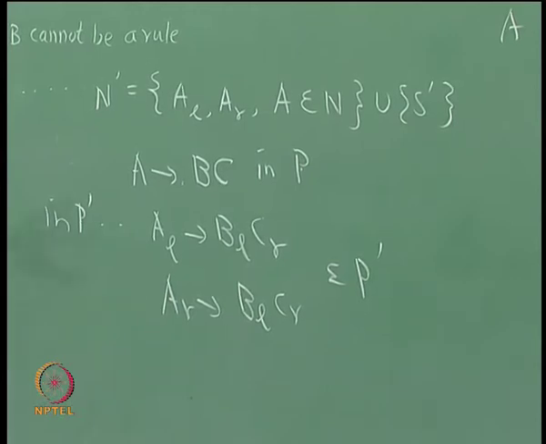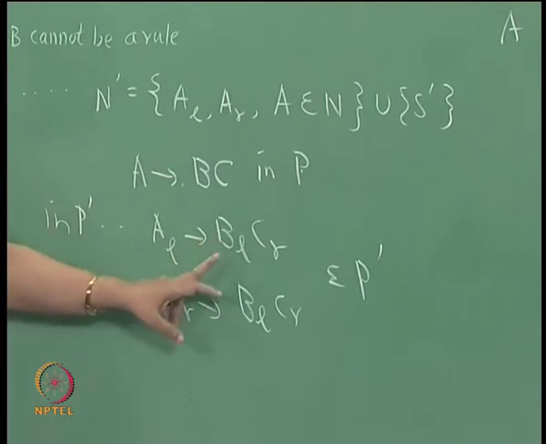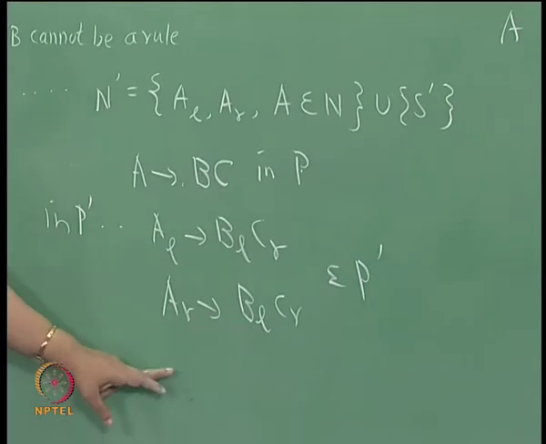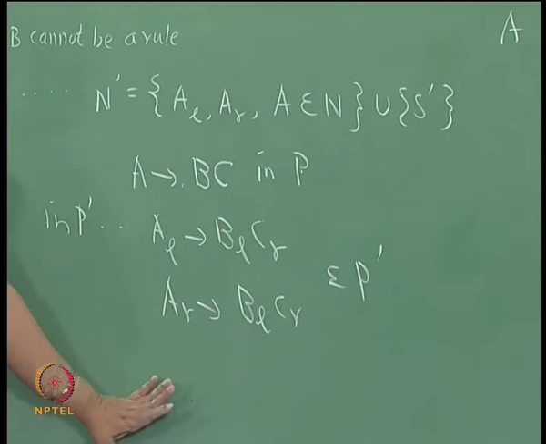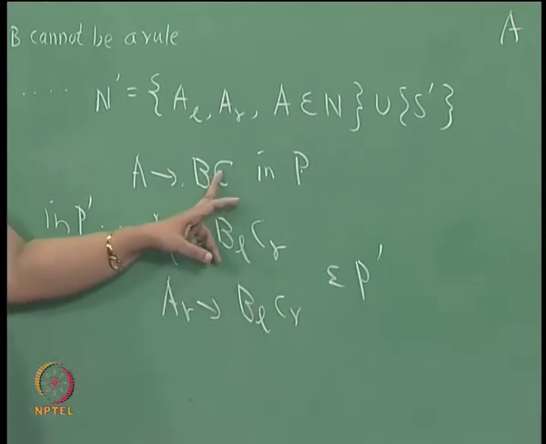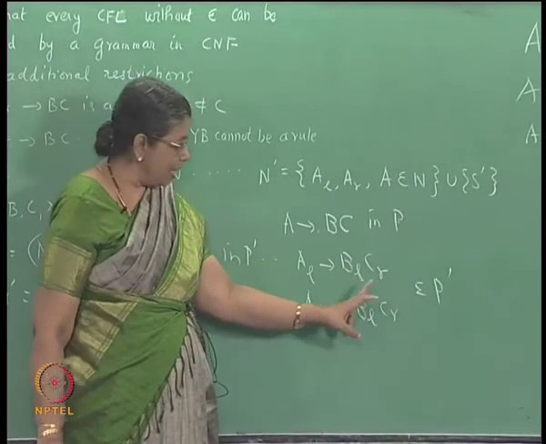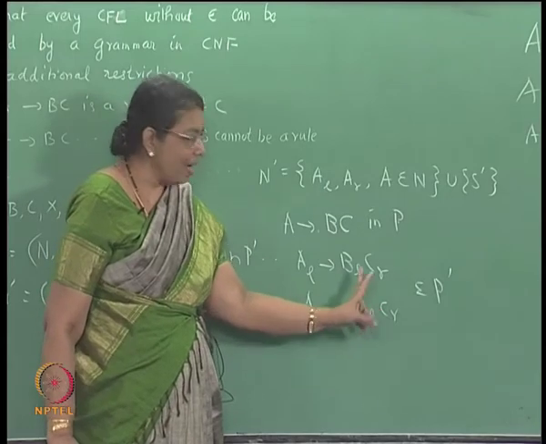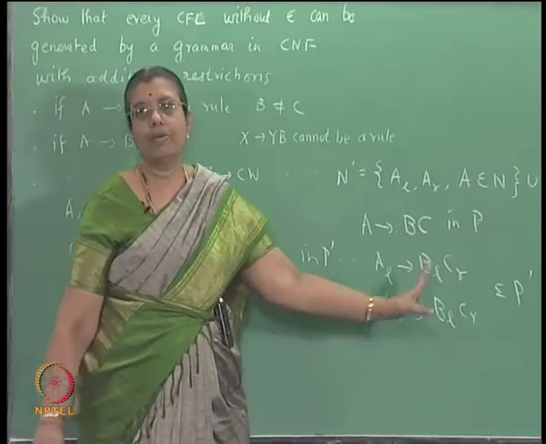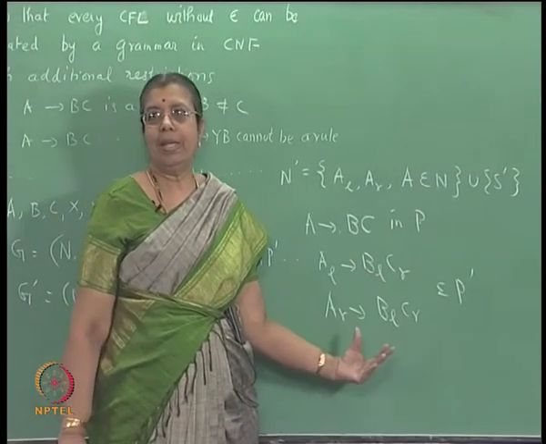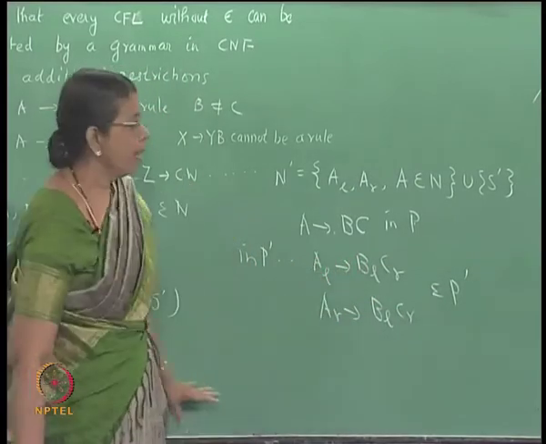So, this will keep track of the left hand side. Whenever there is a B on the left hand side, there will be a rule for BL, and you can apply that. And whenever there is a C, there will be a rule with CR, and you can apply it for that. When splitting like this, BR will occur only as a second symbol, BL will occur only as the first symbol. So, there is no question of the first symbol occurring as a second symbol or the second symbol occurring as the first symbol, right.